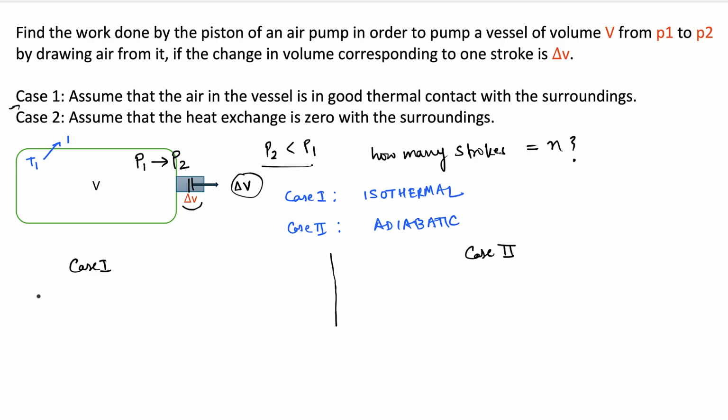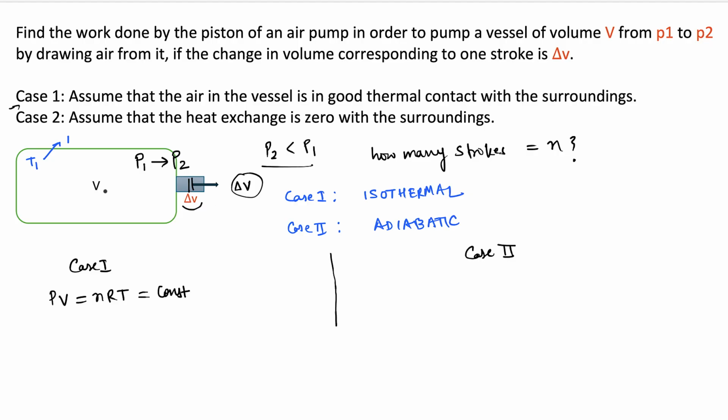In isothermal, if you use PV equal to nRT, then T is constant, which means that PV is also constant. So let's say I'm using the pump trying to draw delta V volume.